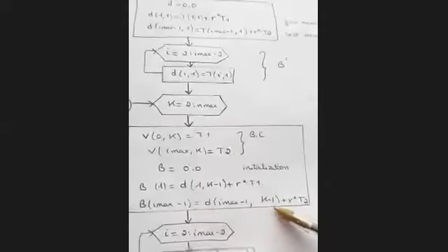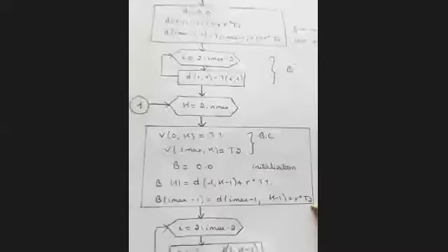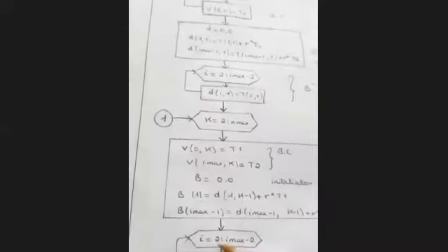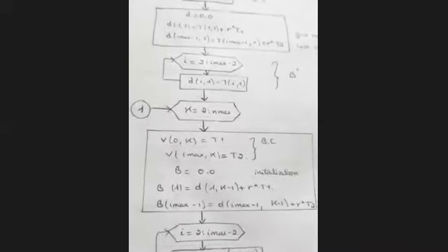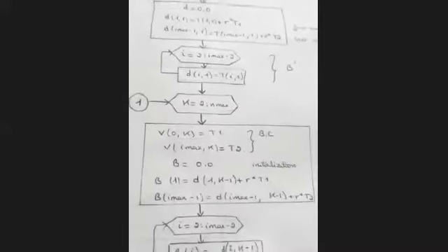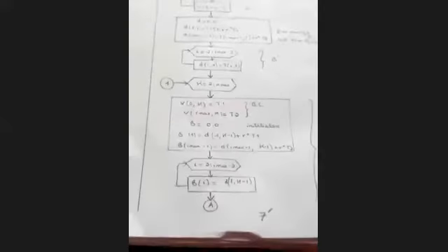And B I max minus 1 equal D I max minus 1 K minus 1 plus RT2, the last element of B. Then I need to determine the whole terms of B from I equal 2 to I max minus 2: BI equal DI K minus 1. So I have got all of B for the whole times. Understood?